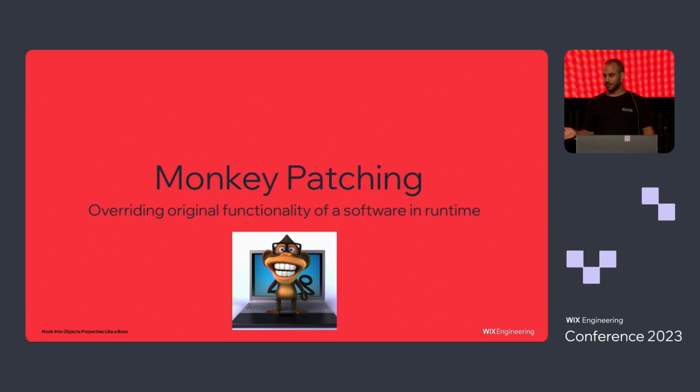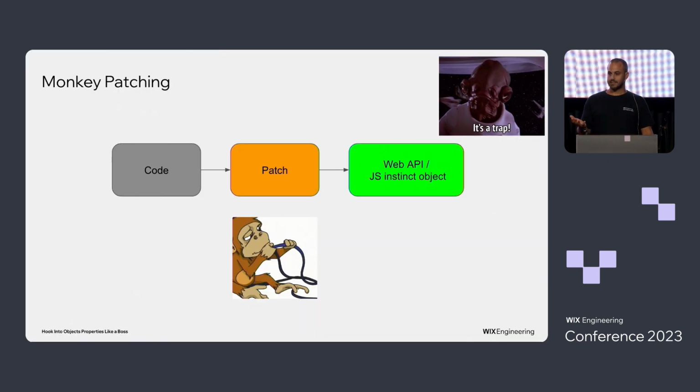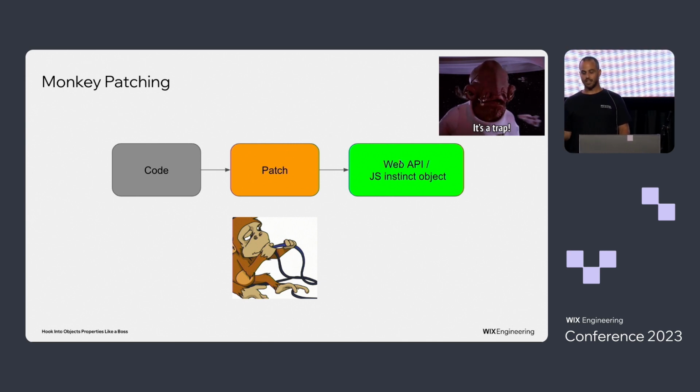So we're moving to monkey patching. Monkey patching is actually the definition of changing code. It's like metaprogramming, which means changing code at runtime. The basic flow of monkey patching is code that tries to get to some API, and the patch does something in the middle, and then sends the operation on to the original API.